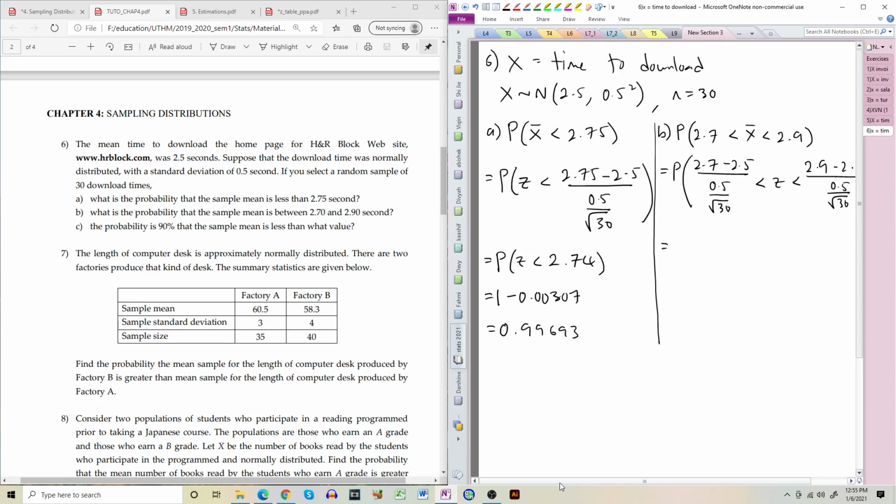This would be P 2.74. Oh no, not 2.74, sorry. I was carried away with the previous one. So let us compute this. Somehow we have to compute this. 0.2.